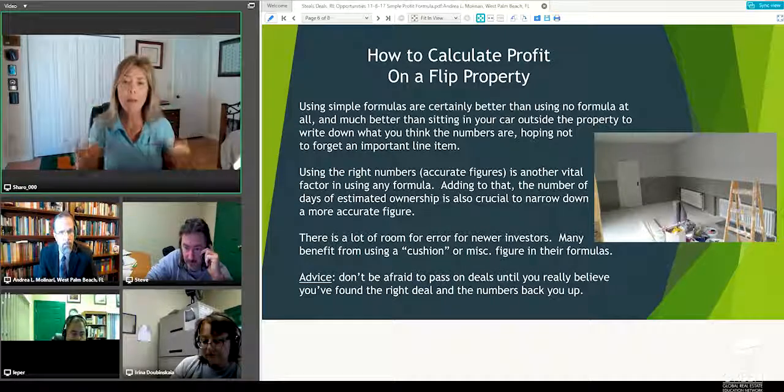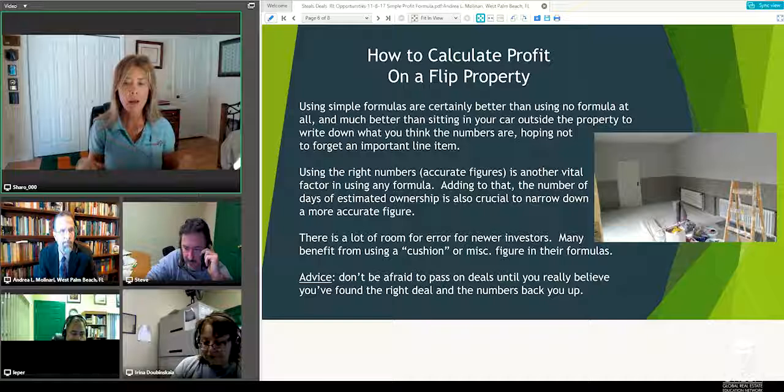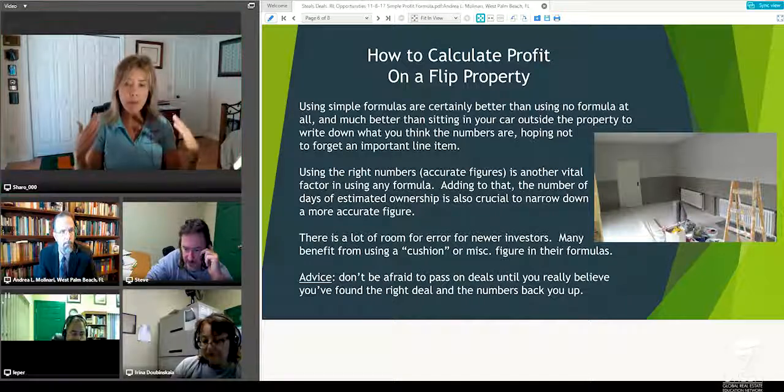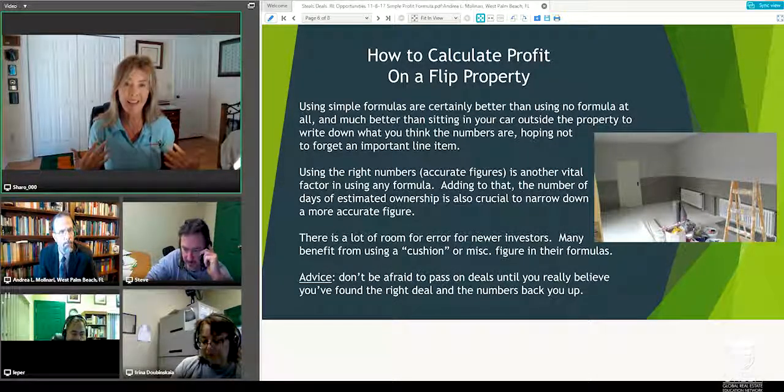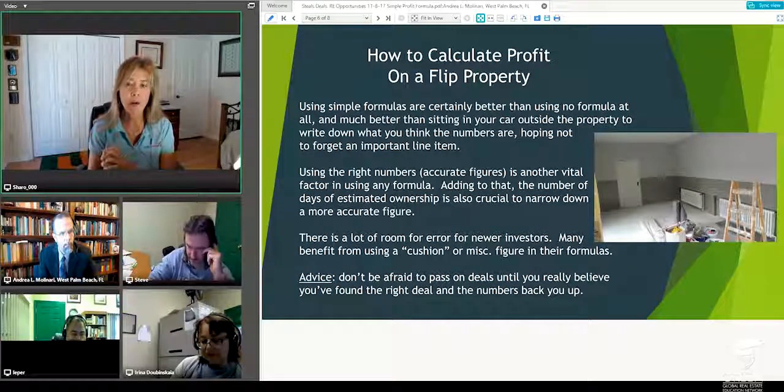If I'm being asked to make a decision on my offer for a property that's not going to allow me any inspection period, because they want to know it's sold, then I might say, wow, with just the walkthrough I was able to do and the pictures I was able to take, I'm going to have to do a lot of guessing here. Fortunately, I've got experience guessing, but I might put in a $10,000 cushion here because I'm having to give up an inspection period to really be sure. And I'm going to put my offer based on that.